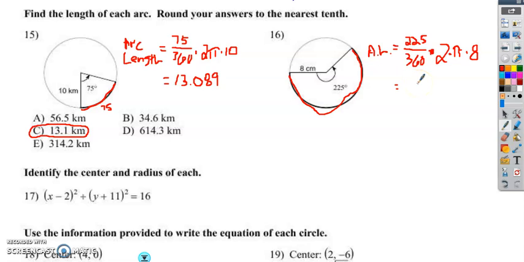Once we type that in the calculator and hit enter, I ended up looking at 31.416. Since the previous problem was rounded to the nearest tenth, let's go to the nearest tenth, so let's just call it 31.4, and then don't forget your units here. We're talking about centimeters, so 31.4 centimeters.